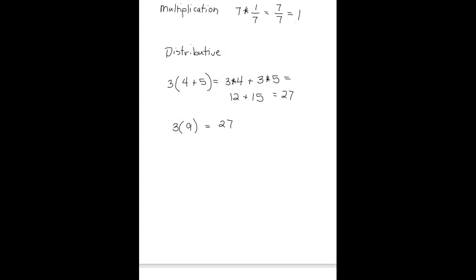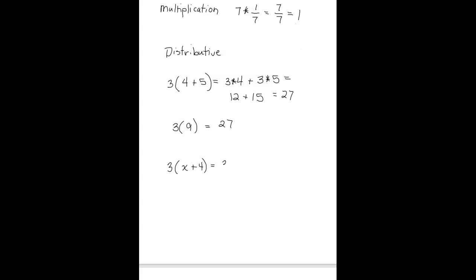Now where this becomes handy is if I have 3 times x plus 4. Now, I can't combine these two. I don't know what x is. So the best I can do is I can actually multiply these out.